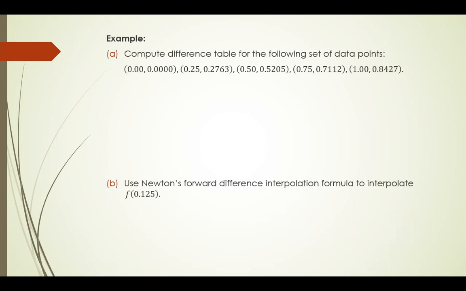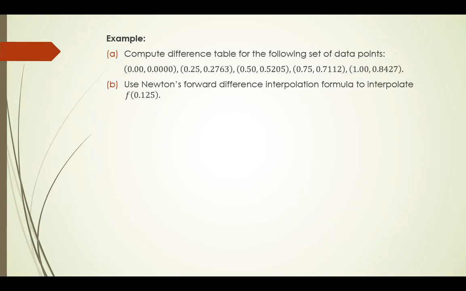And secondly, you need to use Newton's forward difference interpolation formula to interpolate f of 0.125. You see that 0.125 is nowhere here. 0.125 lies between 0.00 and 0.25.